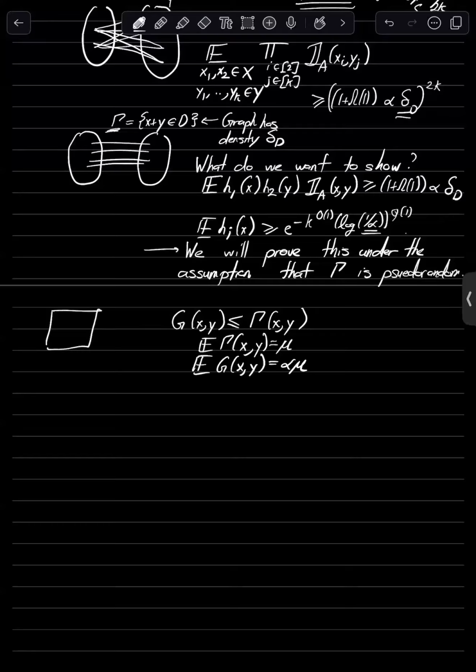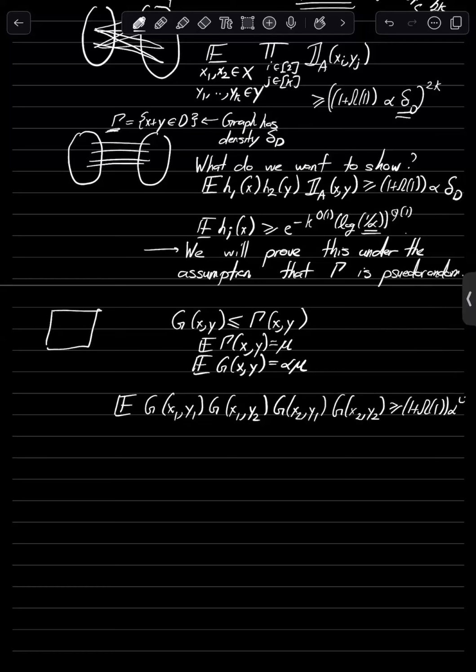And what I'm going to assume is that the expectation, so instead of doing this more complicated bipartite graph, this is already interesting for C4, is some constant fraction larger than alpha to the fourth, mu to the fourth.